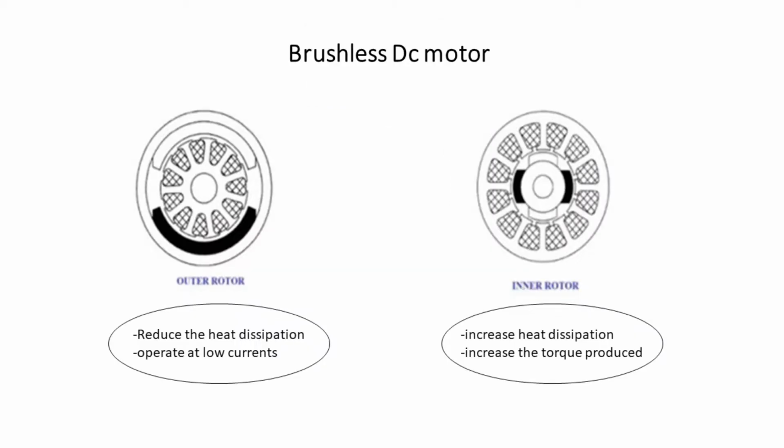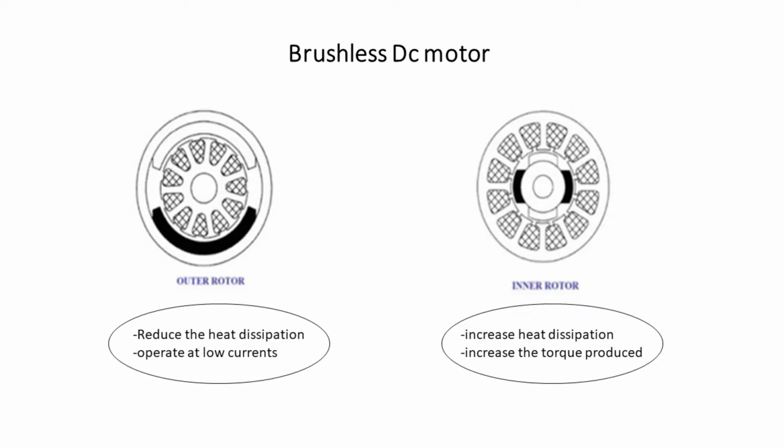A brushless DC motor, also known as a synchronous DC motor, is powered by direct current electricity. The construction of a brushless motor system is typically similar to a permanent magnet synchronous motor, but it can also be an induction motor.